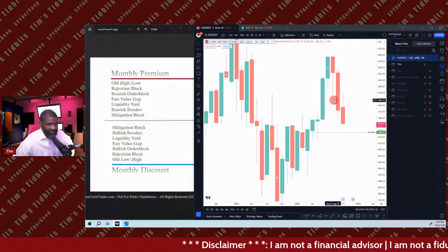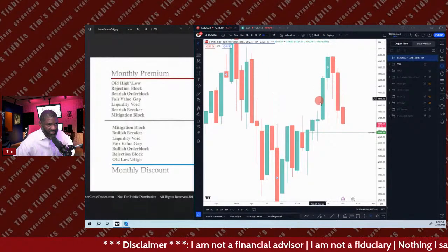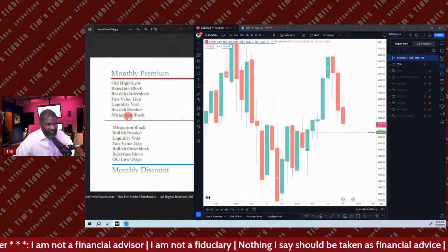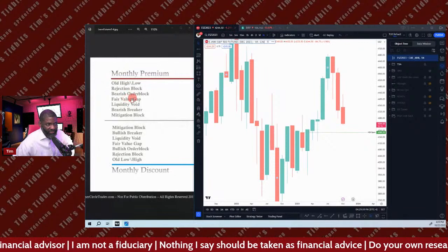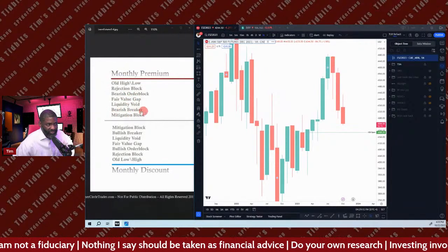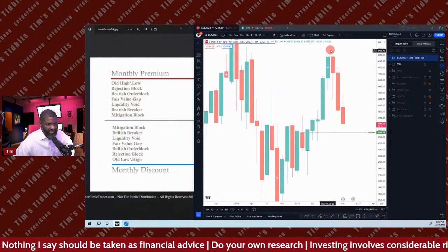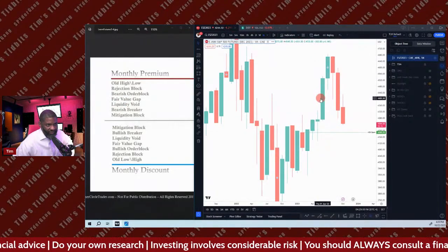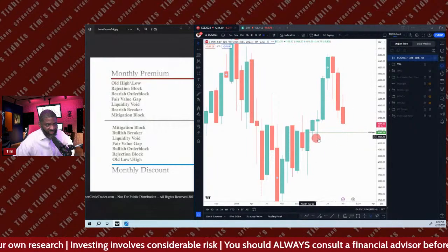As we came down on the monthly, we were pushing down, and as we were coming down, the first thing we got to was a fair value gap. Where's the fair value gap in the order of importance? Up here. You got mitigation blocks, breakers, liquidity voids, fair value gaps. So coming back down, the first thing you hit was a fair value gap. What do we have below this fair value gap?